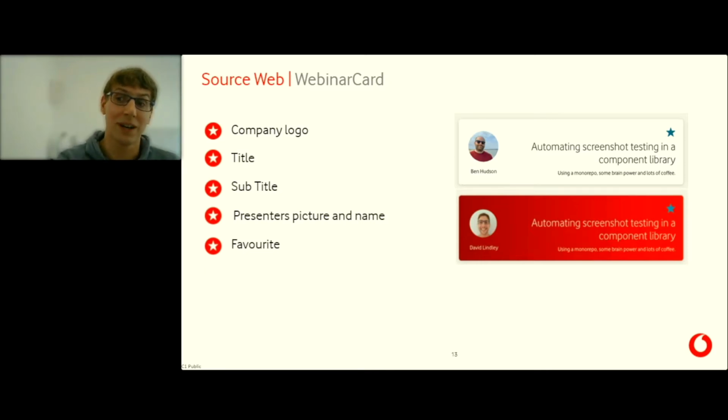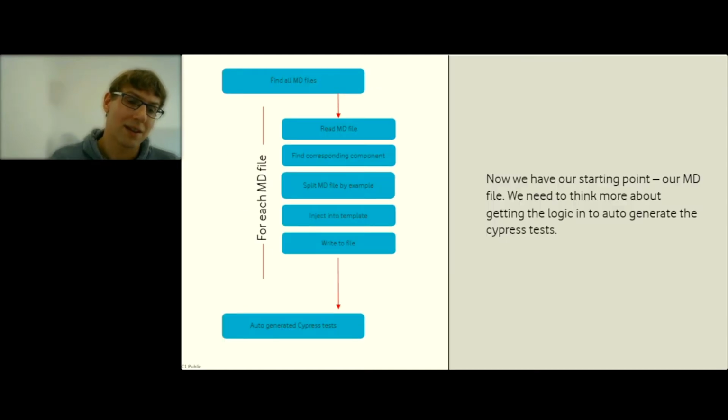We want to quickly test this. We don't want to write any manual Cypress tests. Ben is going to showcase how we can do that. This is a flow diagram of what Ben's going to go through. We're first going to find all the MD files we need for all the packages. We're then going to read them to work out what data we can grab out of them to find some benchmarks to work on.